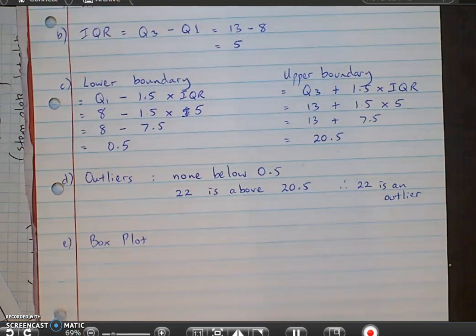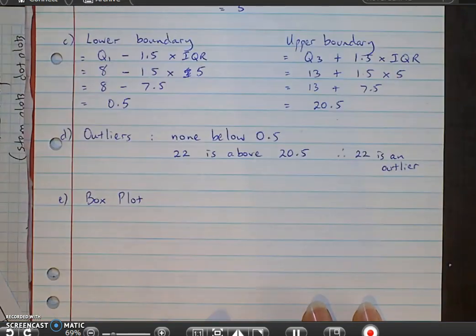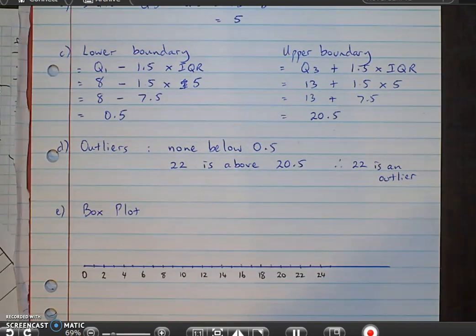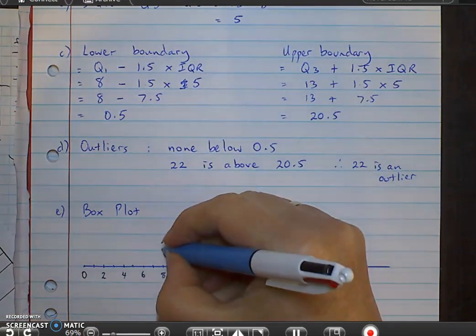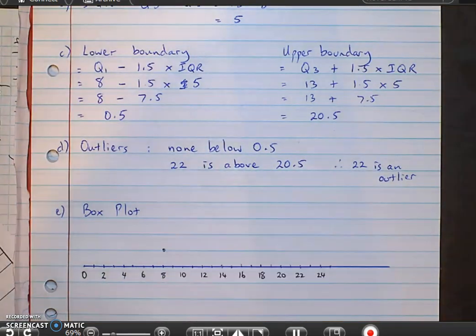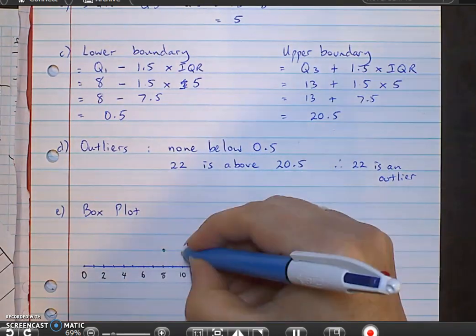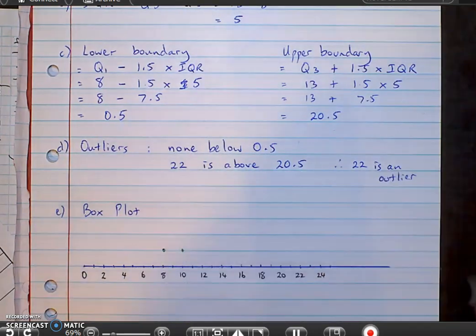So draw a scale first. Okay, so I just drew a scale. I started at 0, went to 24. Now what we need to do is plot our Q1, which is 8, with a dot. Median is 10, put another dot.